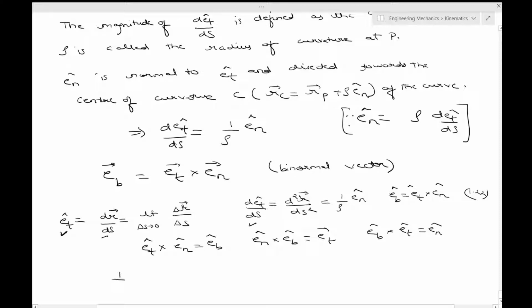Now one can say that 1 by rho is equal to the magnitude of d2r by ds square, from this relation.